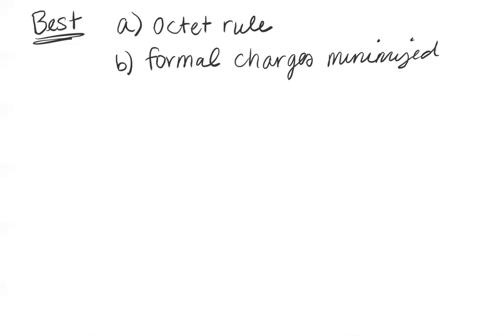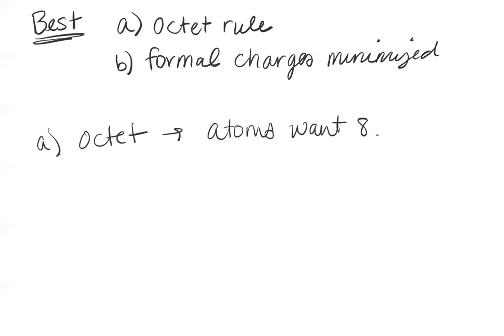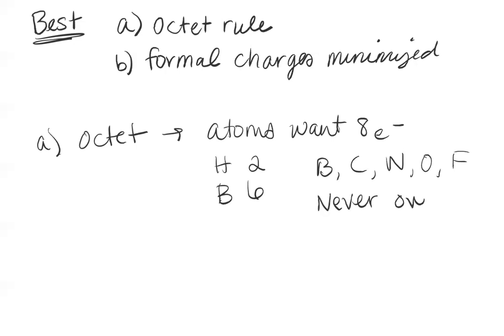And so we kind of already talked about the octet rule, right? Atoms want 8 electrons. Right? Hydrogen likes 2, boron likes 6, okay? And boron, carbon, nitrogen, oxygen, fluorine can never be over. But less than 8 is okay.